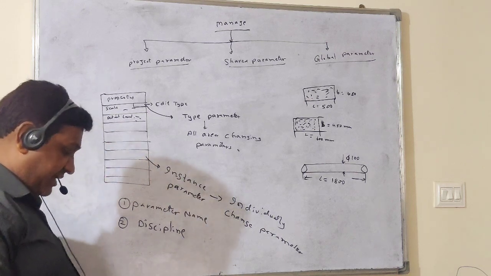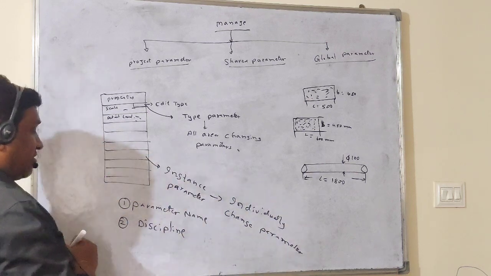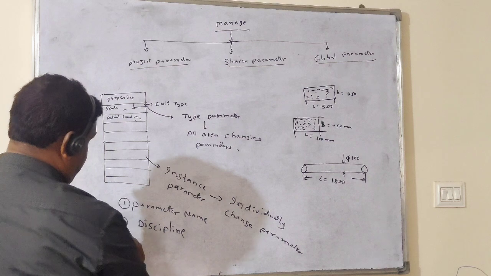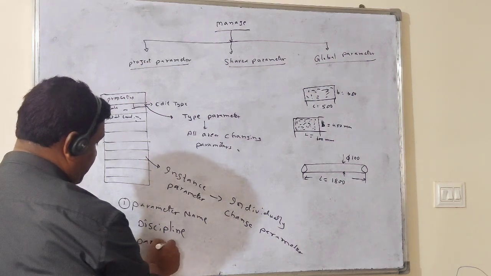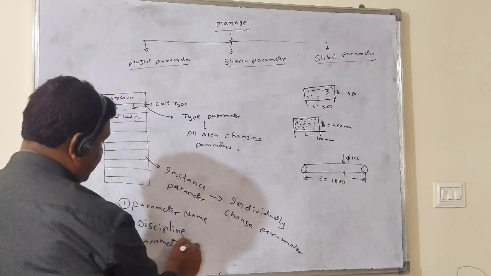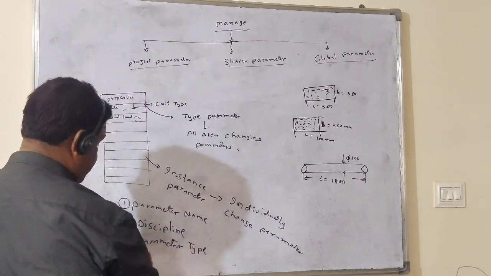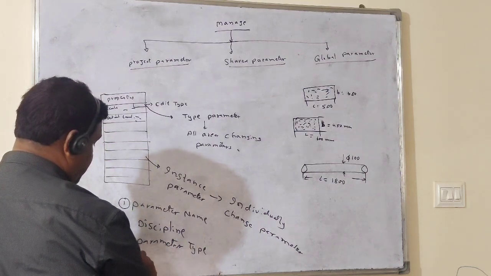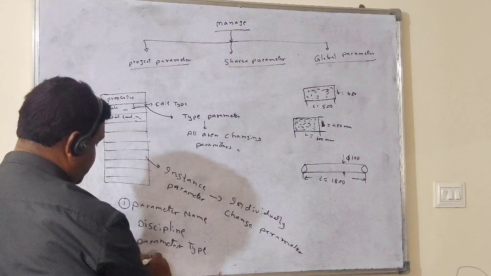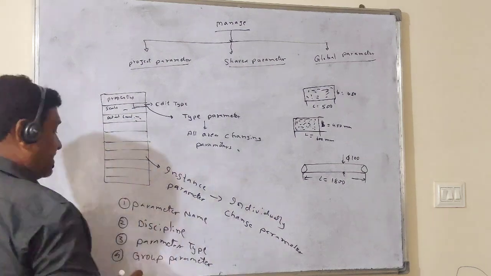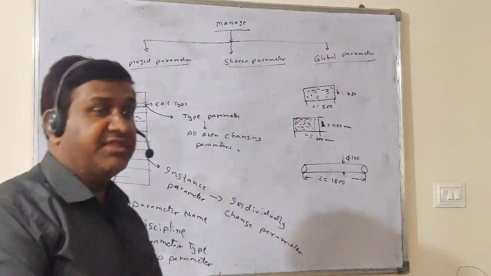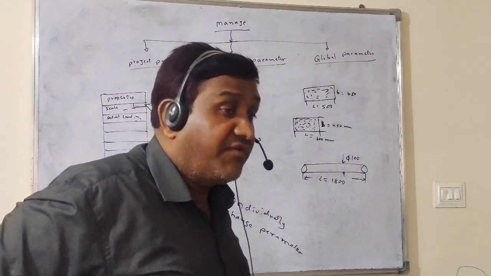Whichever discipline you are working in, you have to select it here. The next is parameter type: you have to give which type of parameter you are selecting. And then group parameters: which group your parameter is going into. So there are four things we can work out here for the parameters.